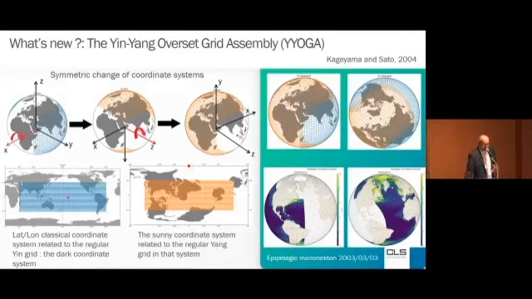The idea is to use one grid, which is an extraction of the global latitude longitude normal grid, and to use symmetric change of coordinate system to get two overset grids. And so you have here, for instance, an evaluation of micronekton on the first grid and the second grid here.